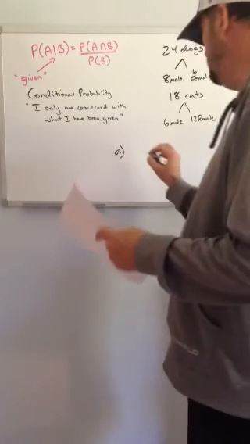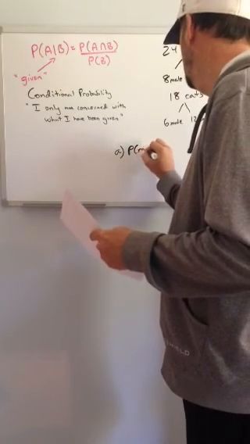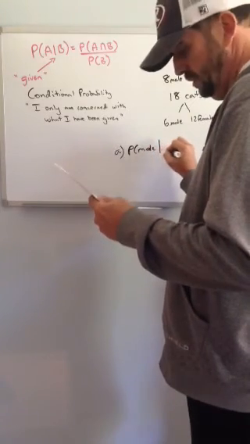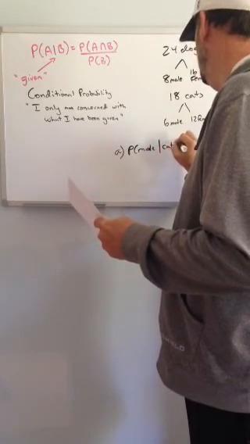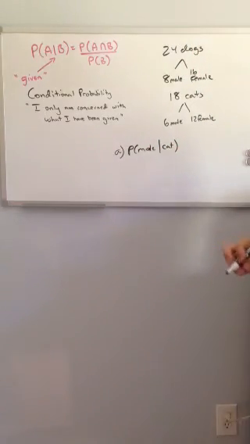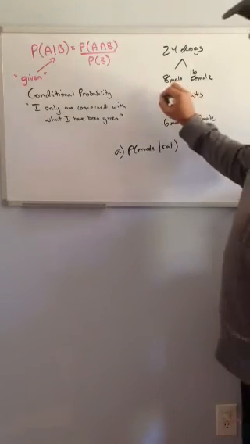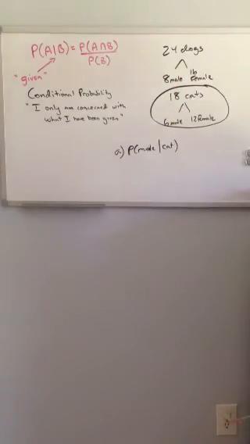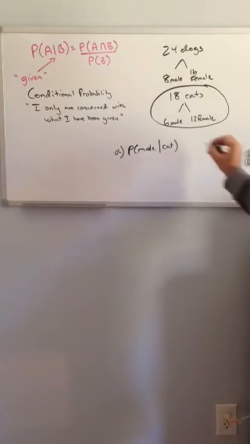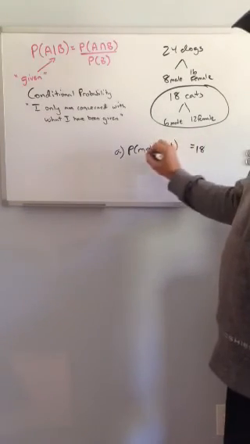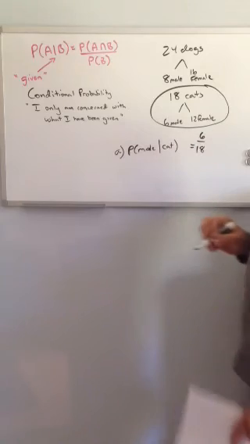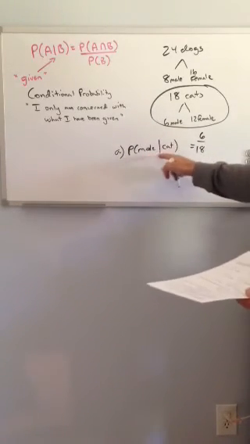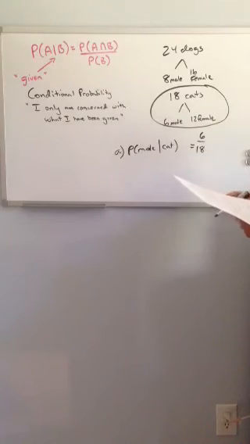So probability of it being a male given that it is a cat. So I'm only looking at the cats. I'm looking at those 18 right there. Of those 18, how many of them are male? We got a total of 6. So probability of it being male, given that it's a cat, we got 6 out of 18.